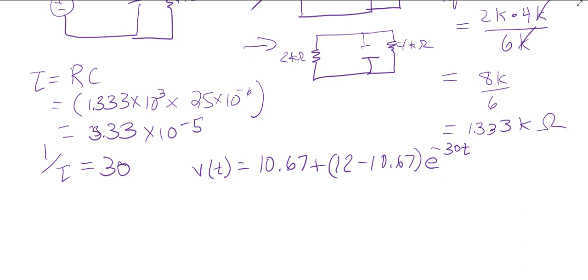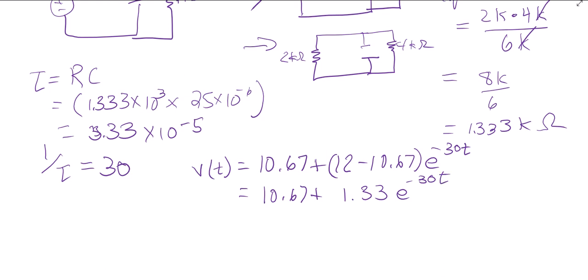Oh, okay, what did I do here? Oh, I just added. Okay, so 10.67 plus 12 minus 10.67, 1.33 e to the minus 30,000t.